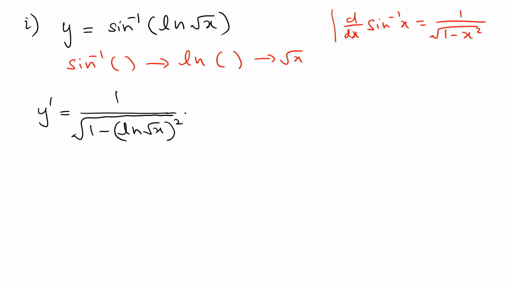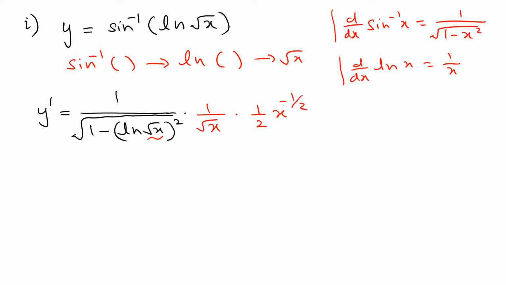The next function is ln, and we know the derivative of ln x is 1 over x. So whatever the inside function is goes down. So it is that, and then you multiply by the derivative of the next one. The next one is the square root function. The derivative of that is 1/2 x to the negative 1/2. So that's what you get.